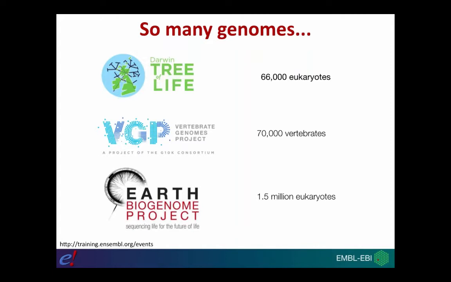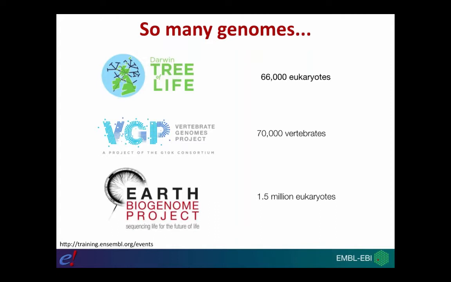So obviously the different species in these projects are perhaps slightly overlapping, but the idea that I want to impress upon you is that in perhaps just a few years' time, instead of Ensembl containing 200, 300 species, we're going to be containing thousands of species.